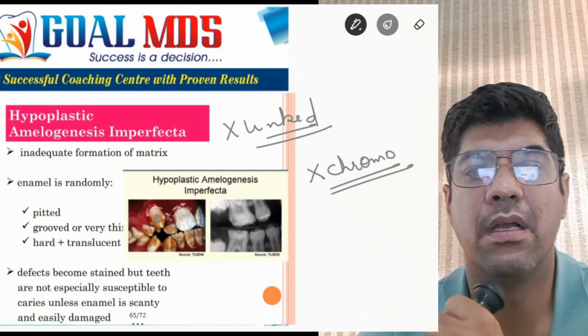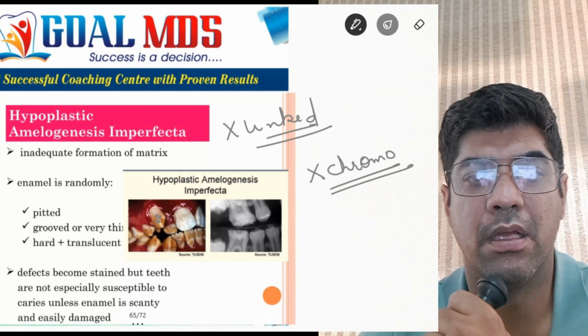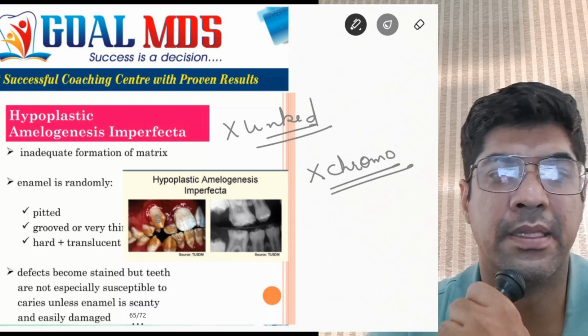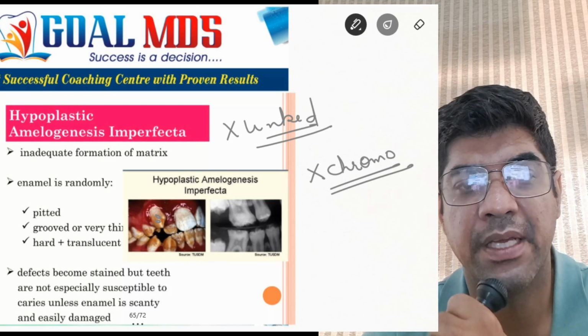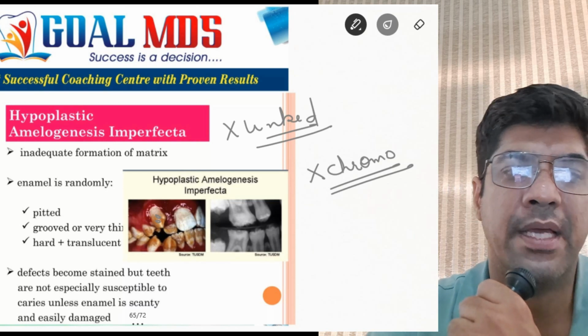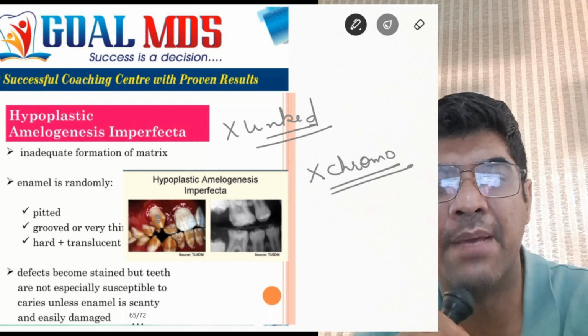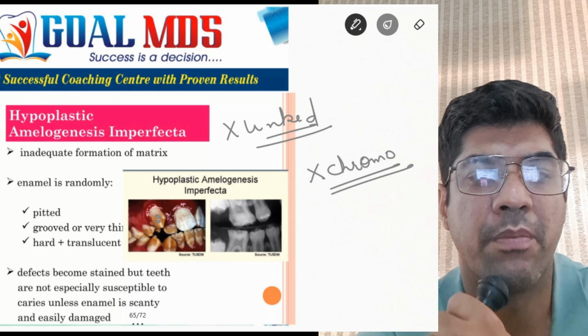In the hemizygous male there is thin enamel in both dentitions, whereas in the heterozygous female there are vertical furrows of thin enamel with normal bands.